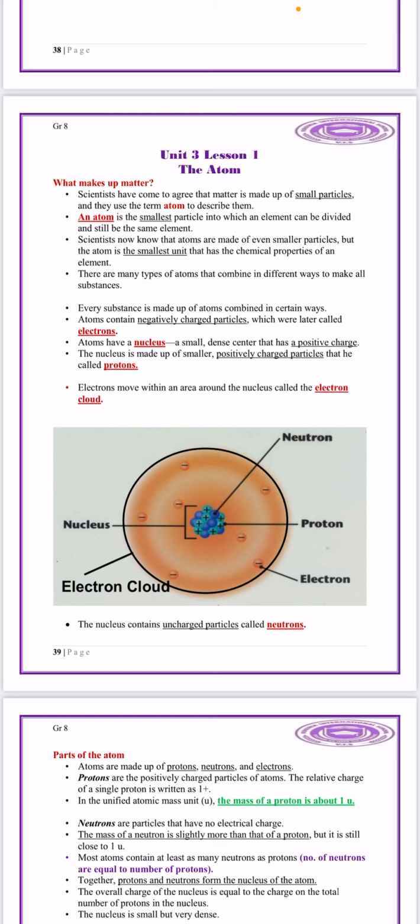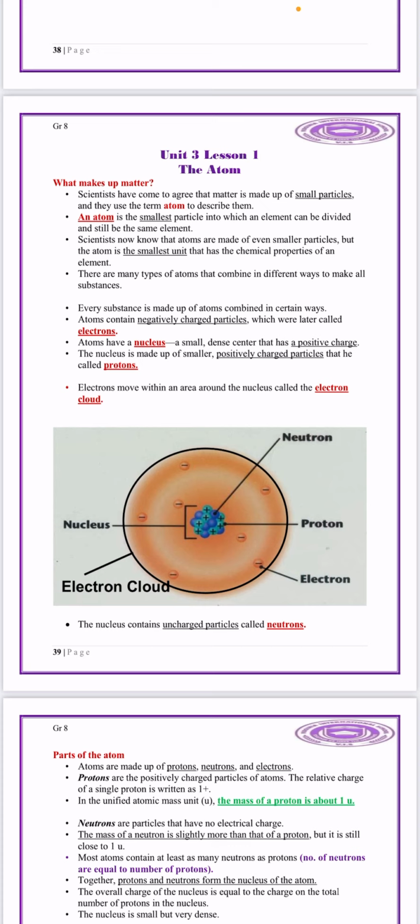So this is the shape of the atom, and you have to know the shape of the atom. Here on the inside, there is an intensely packed nucleus. It's packed with positively charged protons and uncharged particles, which are called neutrons.